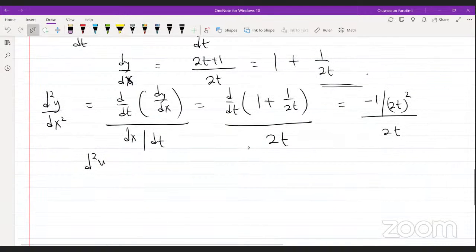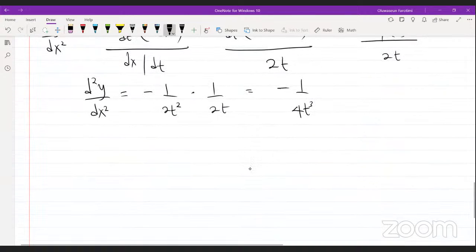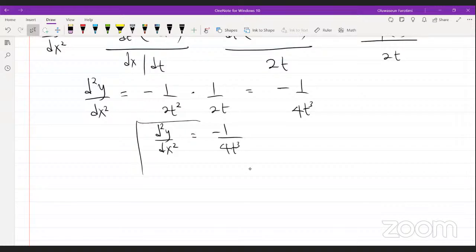So d squared y over dx squared is exactly going to be negative 1 over (2t) squared, right? Multiplied by 1 over 2t. And that's going to be negative 1 over 4t cubed.